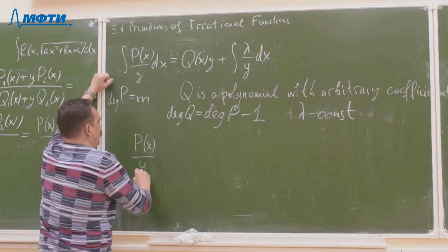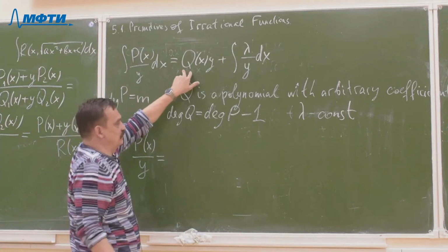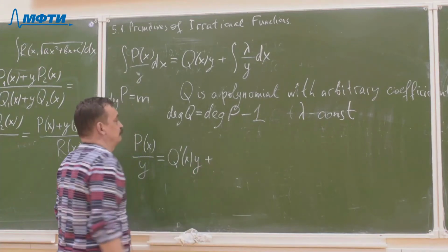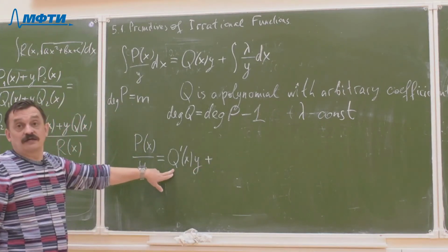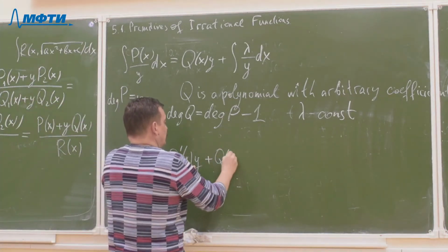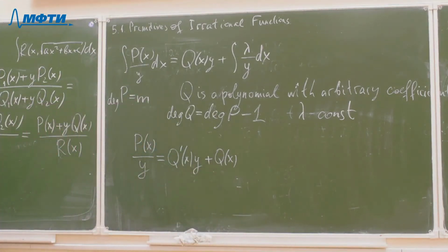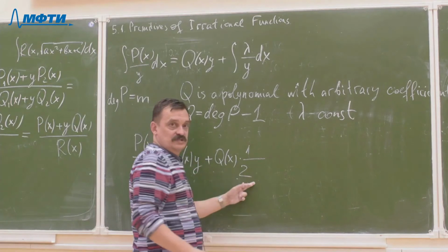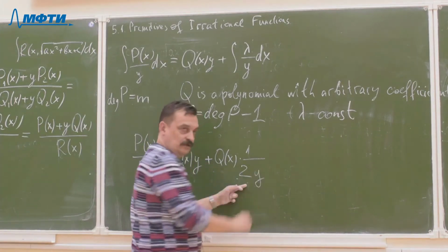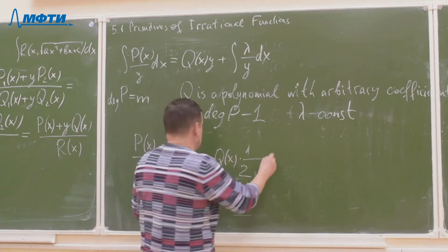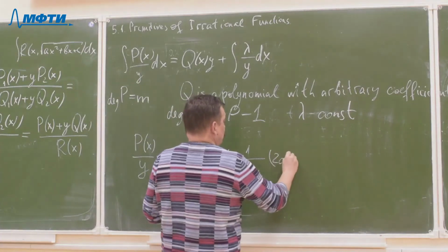P of x over y equals, now let's compute here, q prime of x times y plus q of x times y prime. Here y is the square root of capital Y, so the derivative of the square root is 1 over 2 square root of capital Y, so little y, times the derivative of capital Y. And the derivative of capital Y is 2ax plus b.